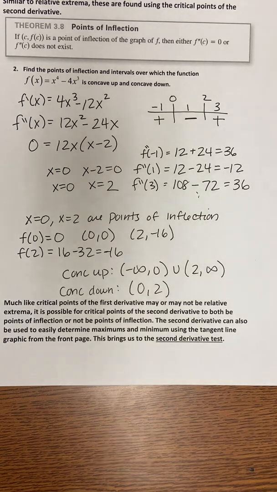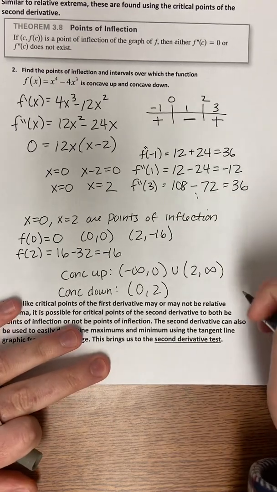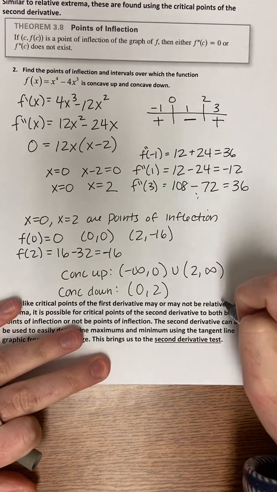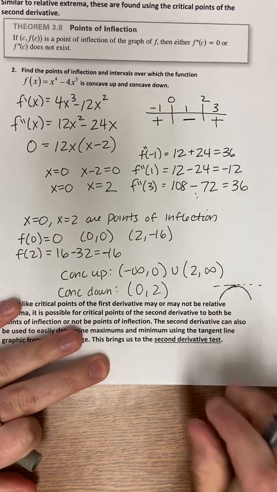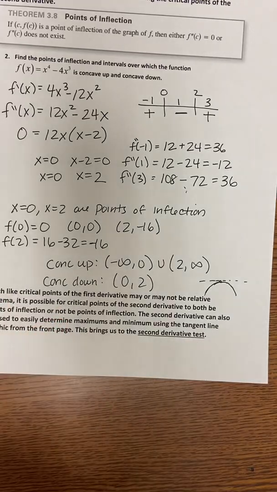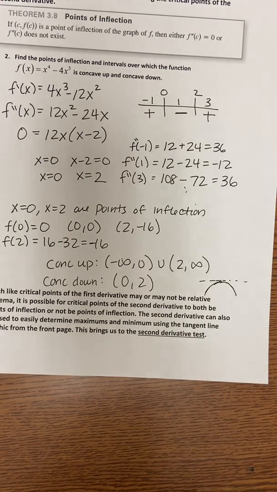And additionally, the second derivative provides us something useful. We talked about on the front page that when you're concave down, it's because the tangent line is sitting kind of above your graph. The other thing that we know is that maximums occur kind of when you're turning around like this and you have a horizontal tangent line above the function.